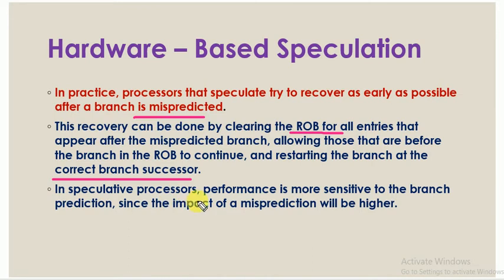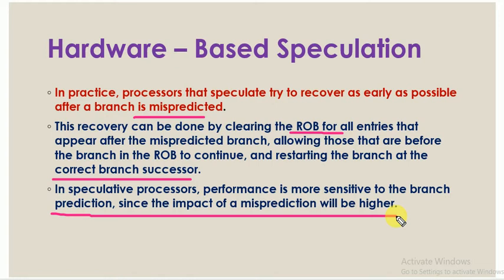In speculative processors, performance is more sensitive to branch prediction, since the impact of a misprediction will be higher. So hardware-based speculation is applied in situations where we use branch prediction.